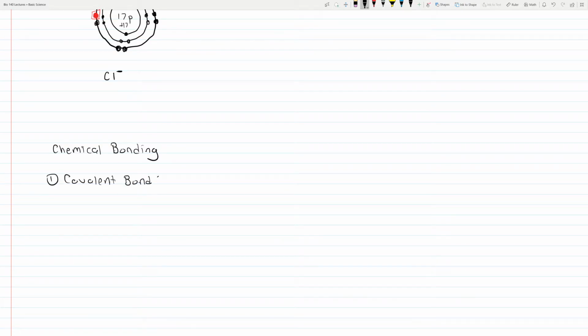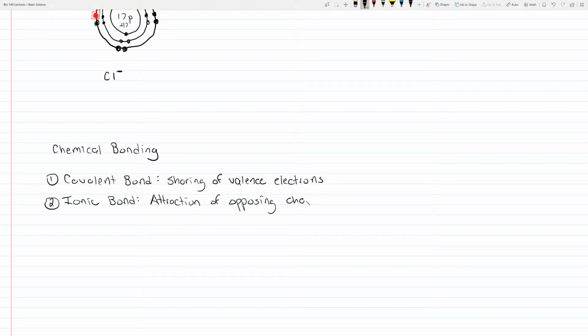What a covalent bond is, is a sharing of valence electrons. And the second is an ionic bond, which is an attraction of opposing charged atoms.